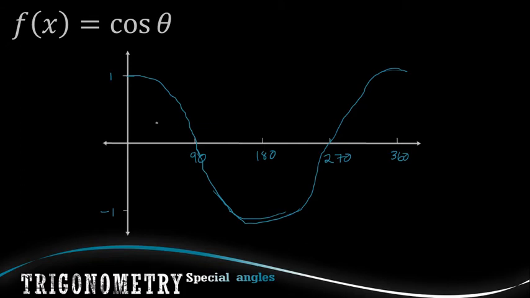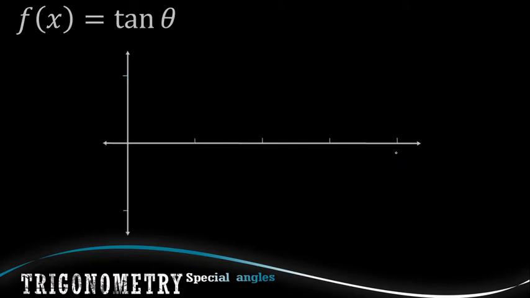And then finally, for the tan function, we can label the axis to 360, so half of that's 180, half of that's 90, and here we have the 270. Now the thing about tan, it is undefined at 90 and it's undefined at 270. So it never touches these lines, and it goes past 1 and -1.